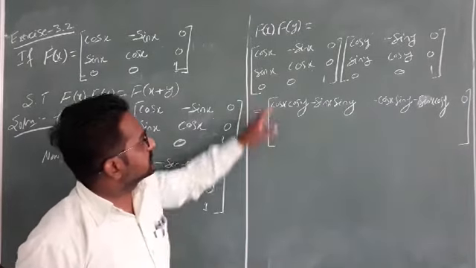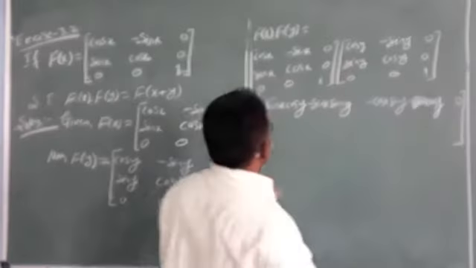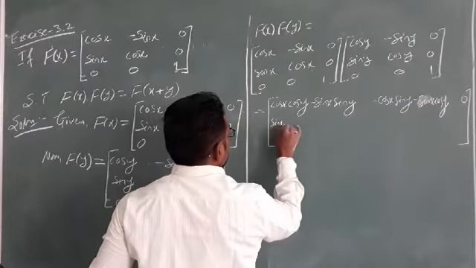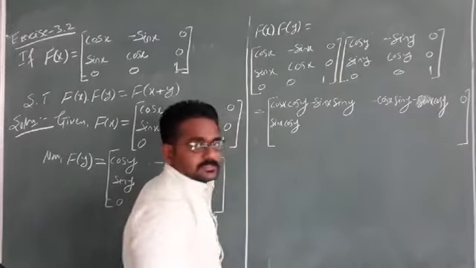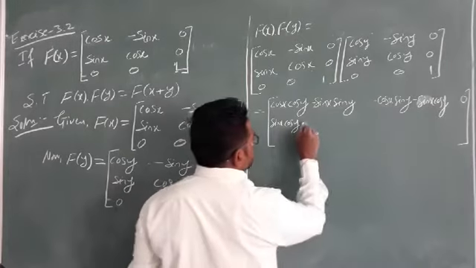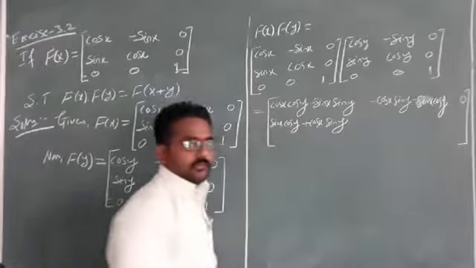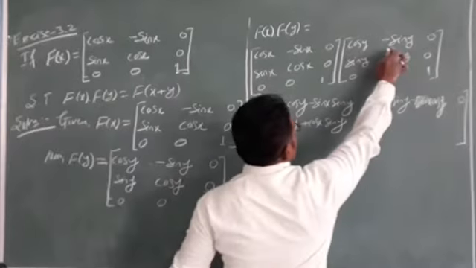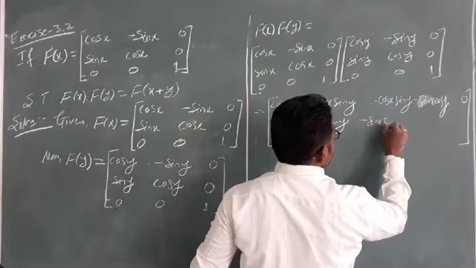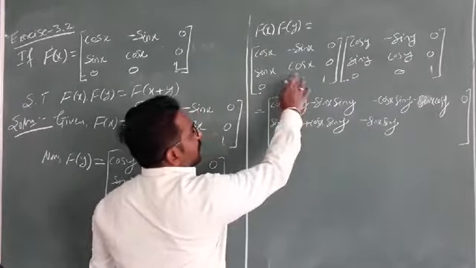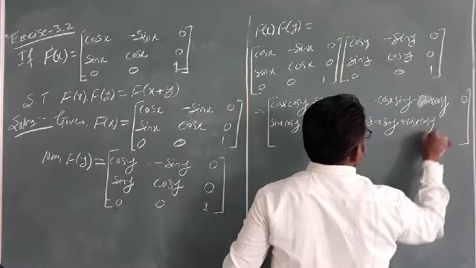Okay, next second row with first column, sin x into cos y, plus cos x into sin y. Next, sin x into minus sin y, minus sin x sin y, plus cos x into cos y.